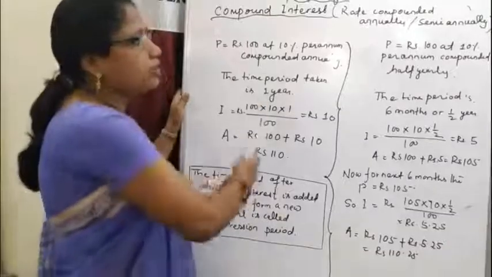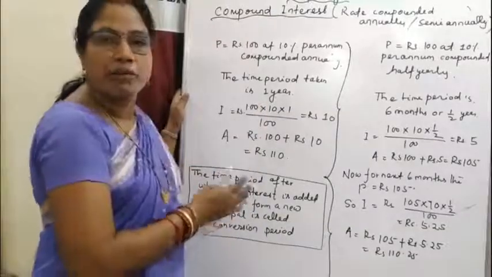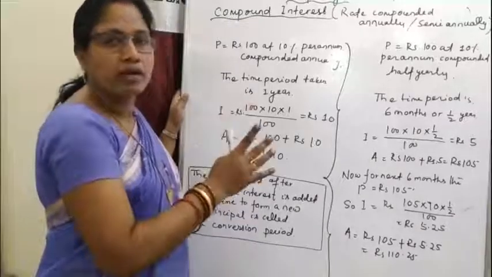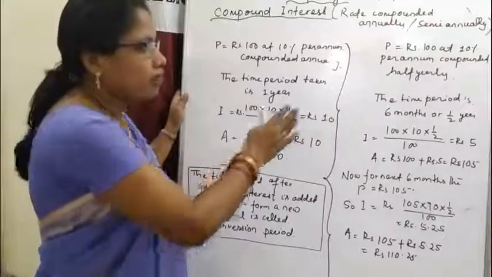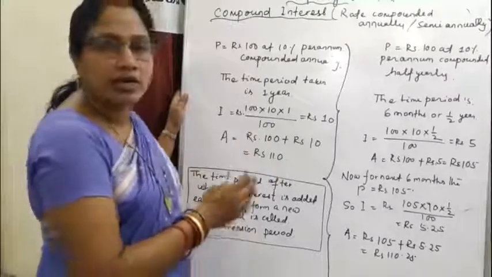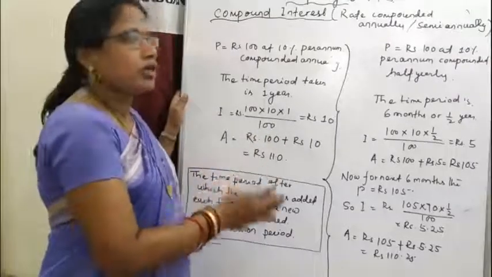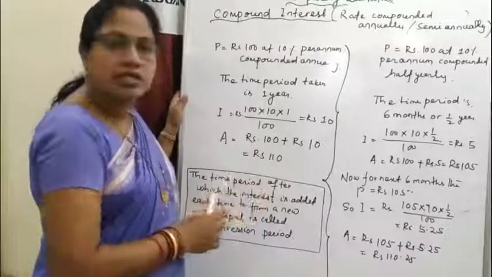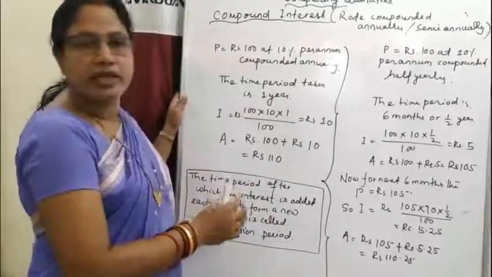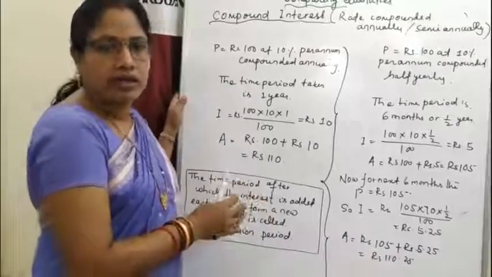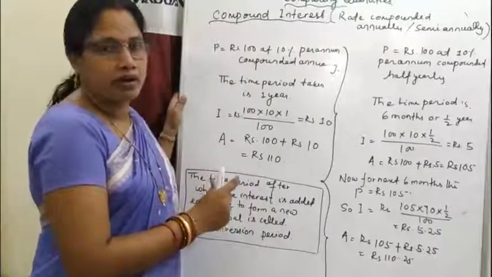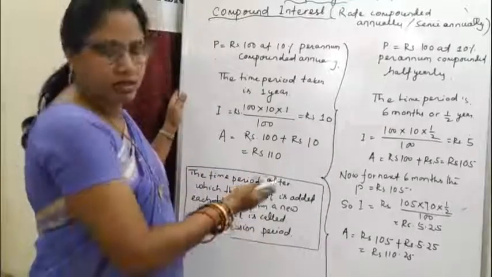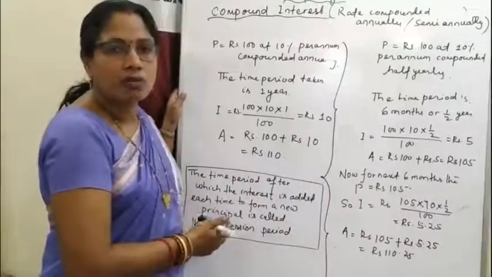If the interest rate is compounded annually, there is one conversion period in a year. But if the interest is calculated semi-annually, there will be 2 conversion periods in a year. Sometimes the question says the rate of interest is calculated quarterly. That means the conversion periods in a year will be 4. So by taking these rules, you have to solve some problems.